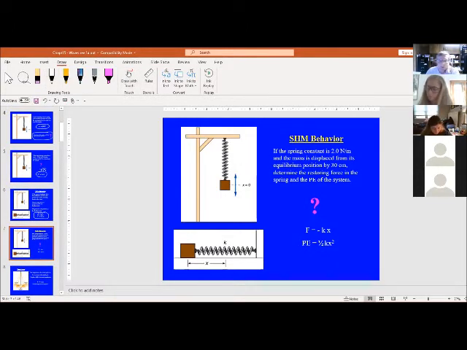So now we got a question. If the spring constant is 2, and the mass is displaced from its equilibrium position by 30 centimeters, determine the restoring force. What'd you get for that one? Might be able to do that one in your head if you're comfortable with math.